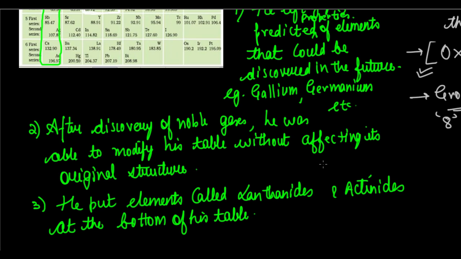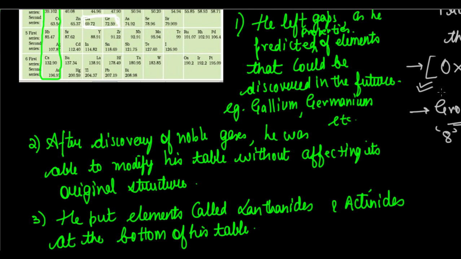These are two elements, and they were basically the continuation of these elements. Okay, lanthanum and actinium. And he put them at the bottom of his table, very, very cleverly predicting that there was some reason that they had different properties as compared to the main body of the table. And hence, although he could not give a proper reason for it, still he put them at the bottom of his table, and that showed how skillful he was and how far-sighted he was. Although he did not give a proper reason, he still predicted that their properties would be different as compared to the general other elements, right?